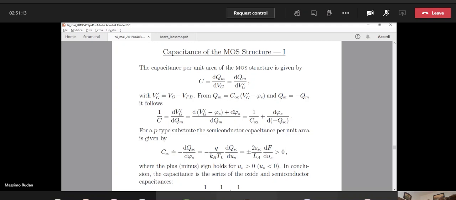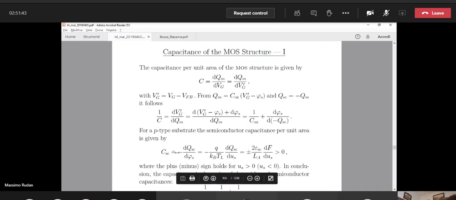The second fraction is d phi s over dQm, but Qm is minus QSC, okay? So we have to define the second fraction here. So we introduce a capacitance per unit area that is called CSC. It is the semiconductor capacitance per unit area.